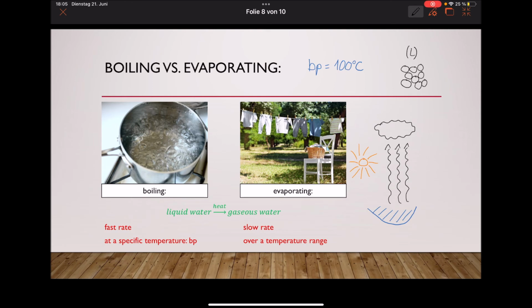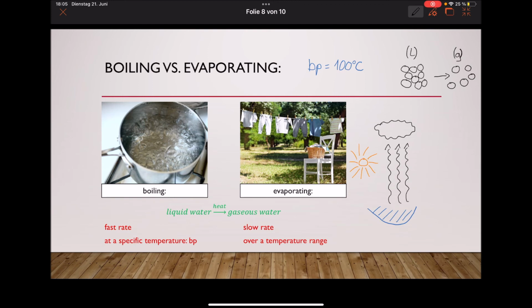So I put a lowercase l in brackets to show the state symbol of a liquid substance. And when we turn a liquid into a gas, this is a lowercase g for a gas, then the particles are even more separated. So once again, attraction forces have to be overcome.